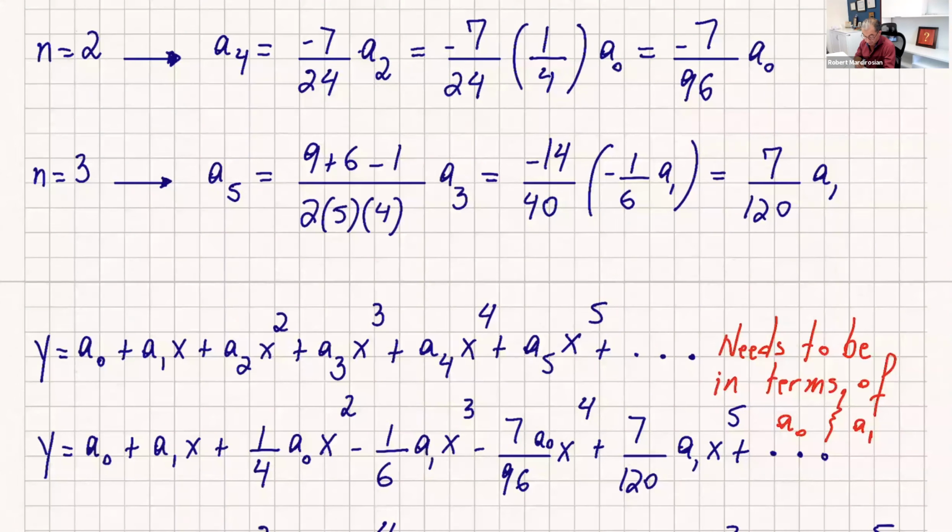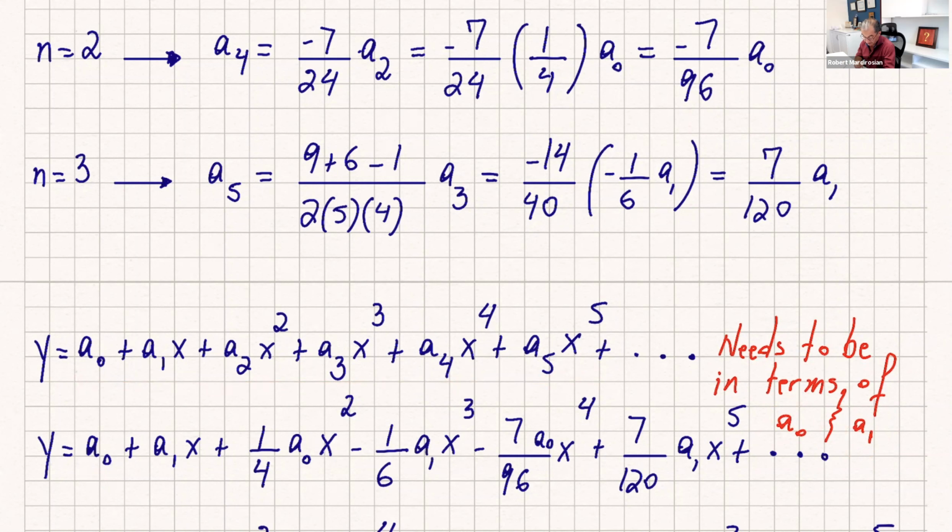So the solution, the power series, is y equals a0 plus a1 x plus a2 x squared plus a3 x cubed and so on. But we need all the terms to be in terms of a0 and a1. So you can write the terms, a0 plus a1 times x.